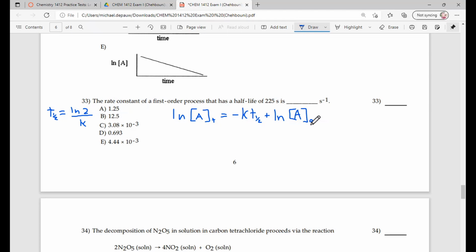Hint, hint, why is it called half-life? Half of it remains, right? So this A at time t is simply half of what the original one was. It's 1/2 A initial.